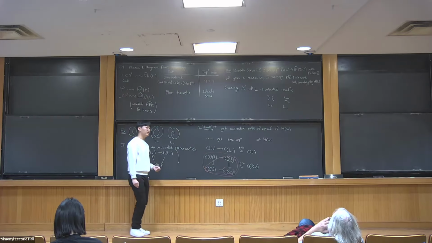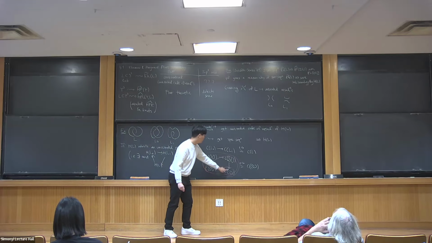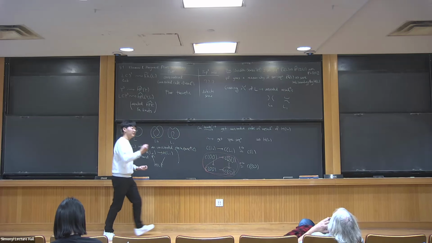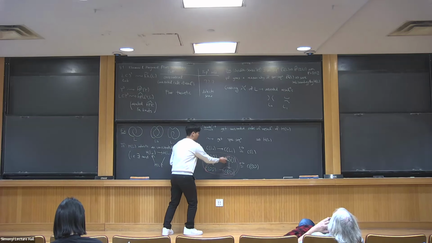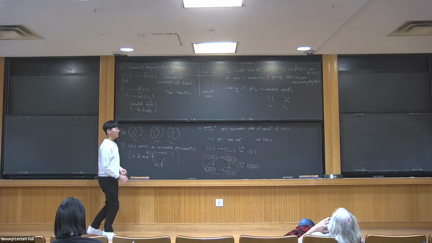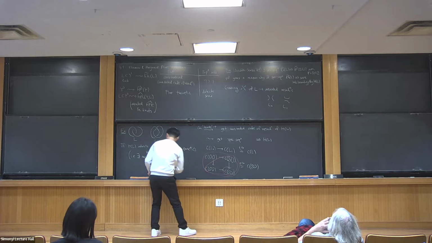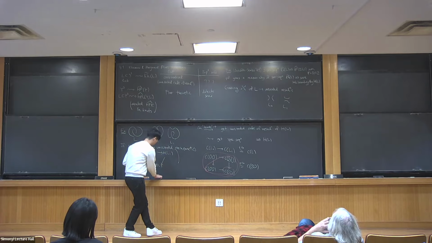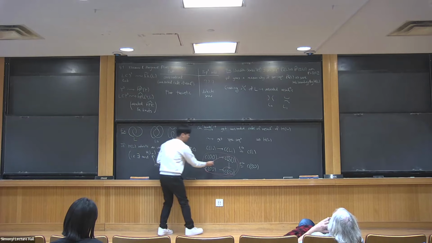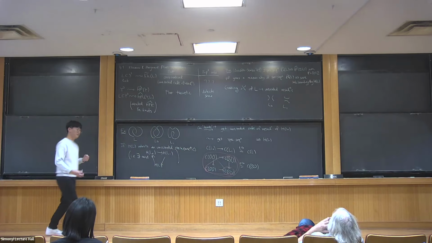If you use this filtration, then the E1 page will consist of the direct sum of the homology groups of these four things, and then the differential will just be the chain map on homology induced by the four edge maps. In general, these edge maps won't commute on the nose, but only up to homotopy, so you have to add a homotopy to make this into a chain complex.